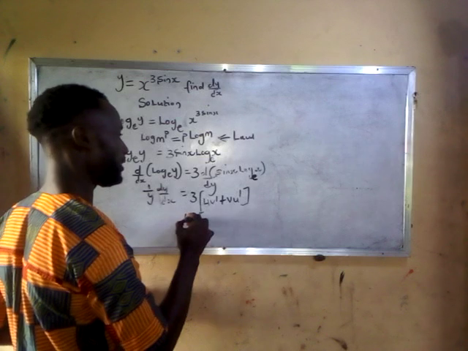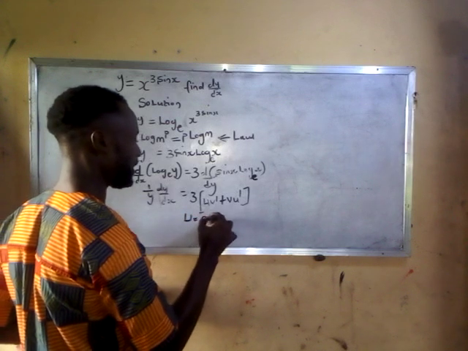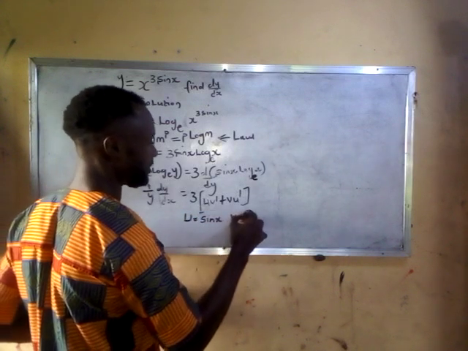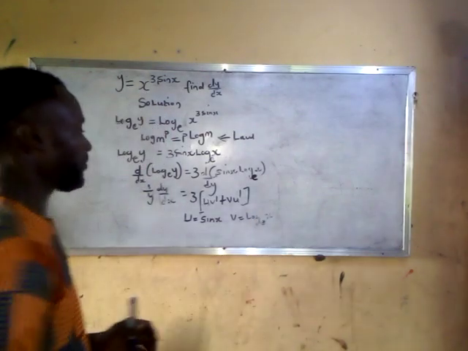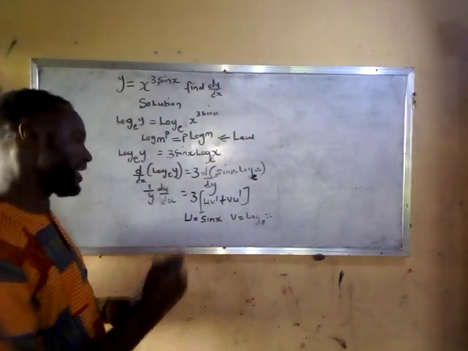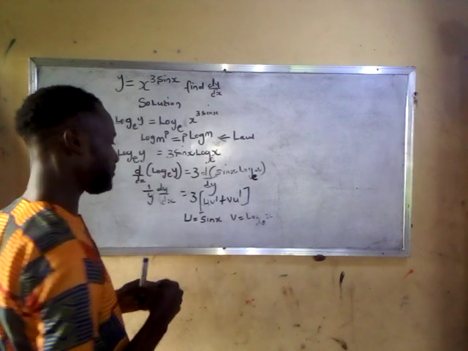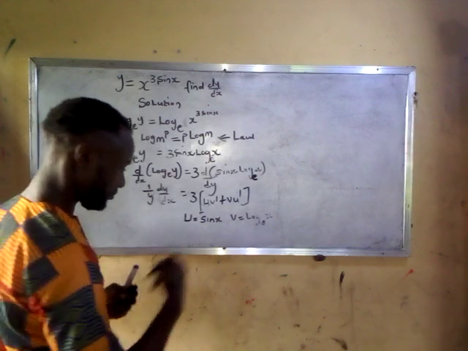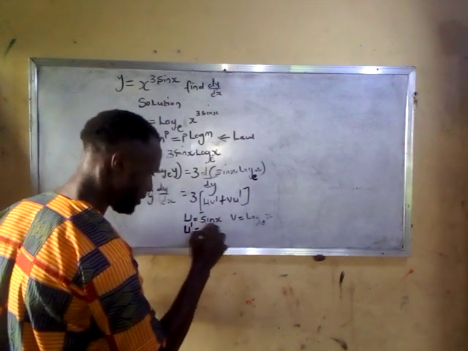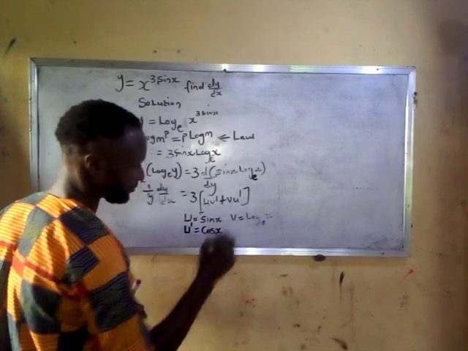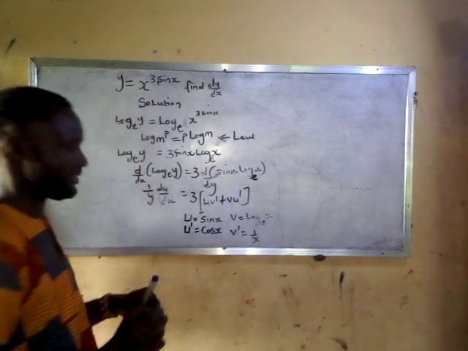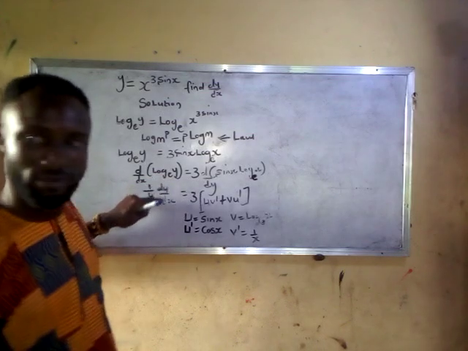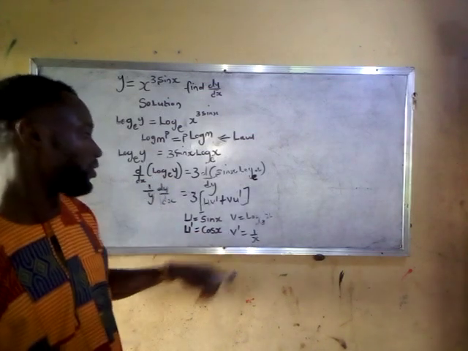My u is sine x, and my v is the natural log of x. The derivative of sine x with respect to x: my u prime is equal to cos x, and my v prime is equal to 1 all over x, the same thing that was here, 1 all over y. So the derivative is 1 all over x.